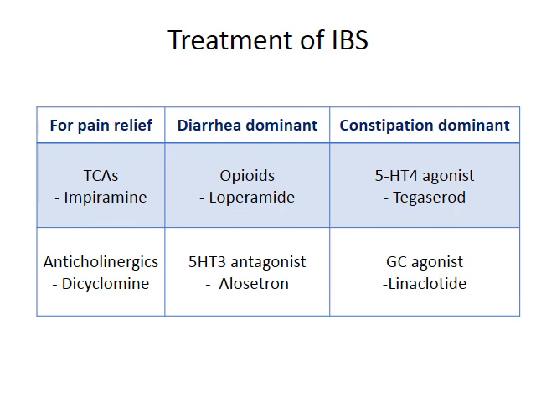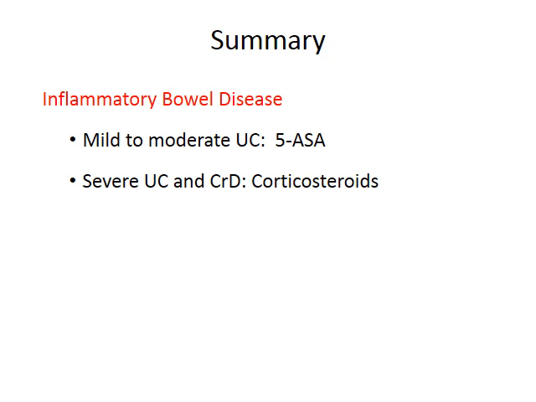So this is the treatment of irritable bowel syndrome: either pain relief, or treatment for diarrhea dominant or constipation dominant therapy. In summary, if a person has inflammatory bowel disease, 5-aminosalicylic acid is the first line treatment for mild to moderate ulcerative colitis.